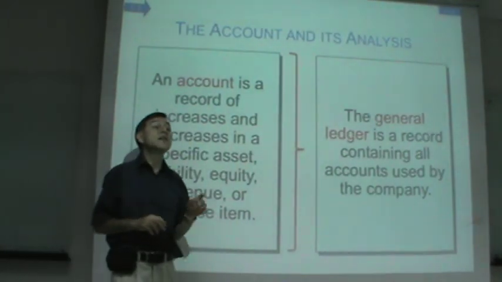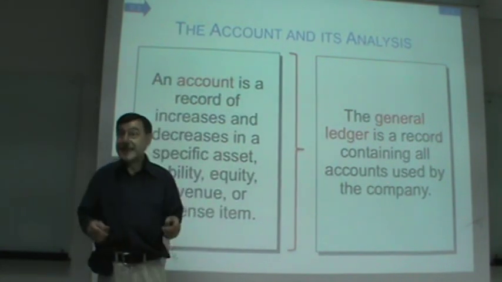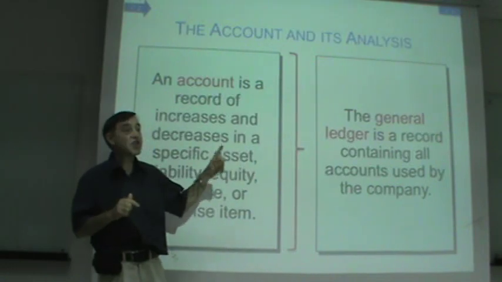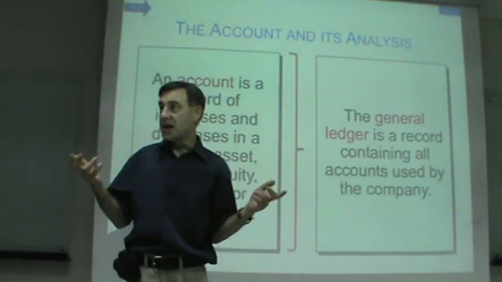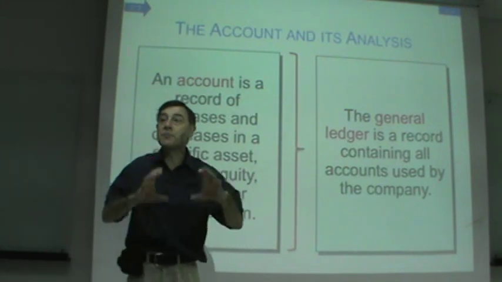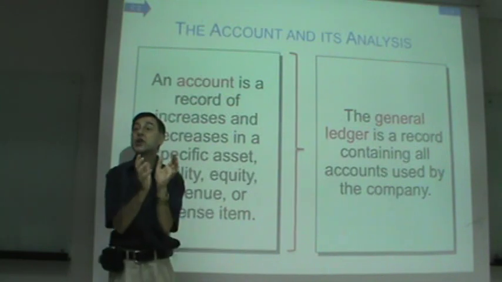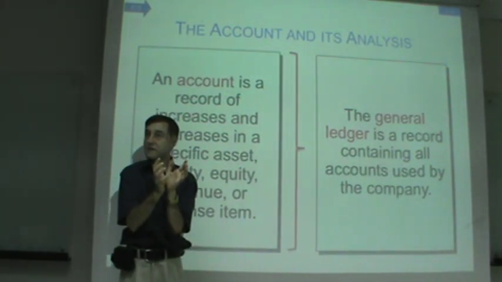All right, the next key step is the account. That's where the word and the subject accounting comes from. Accounting comes from account. An account is simply a record, usually a piece of paper. Today it's going to be an electronic record, a file.